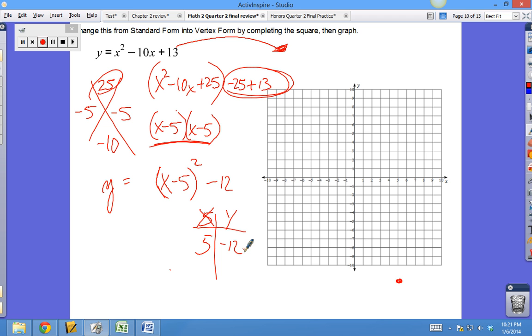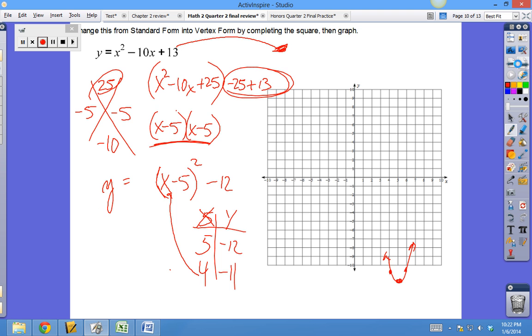So I'm going to try going right 4. So 4 take away 5 is negative 1. Negative 1 squared is 1. What is 1 minus 12? That's a negative 11. So go over 4 and down 11. This dot's for free right there, and you have a parabola. So not too bad.